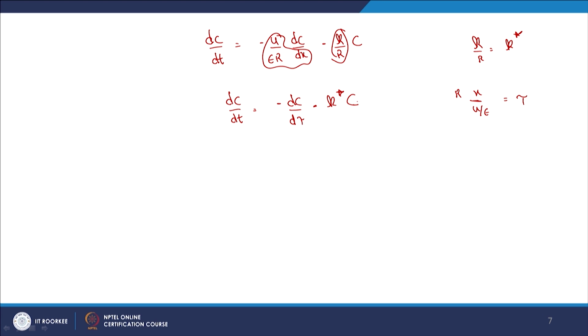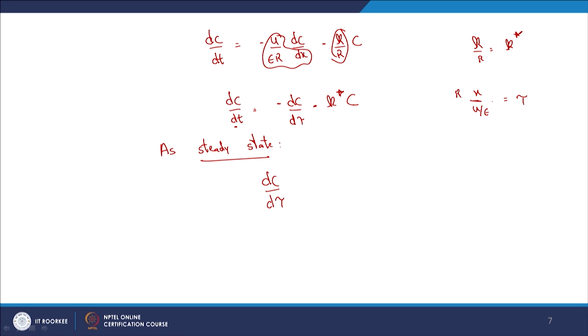right. So, at steady state, how does this simplify? Steady state meaning concentration does not change with time. So, this is 0. So, I end up with dC/dτ.